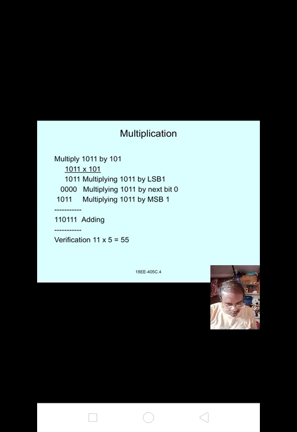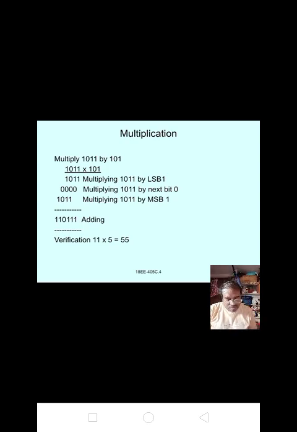1011 into 101. 1 into 1011 is 1011, 0000, then 1011, and add. The answer is 110111.